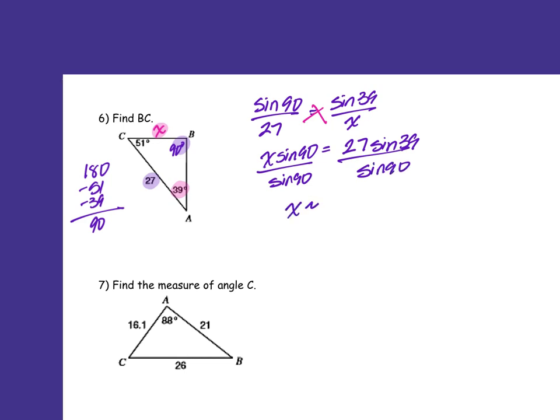So x is approximately going to be equal to 27 sine of 39, parenthesis, divided by sine of 90. 16.99, which rounds to 17.